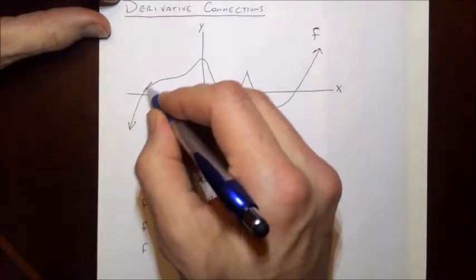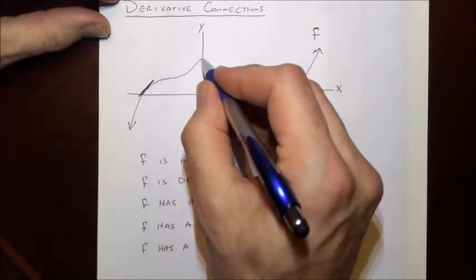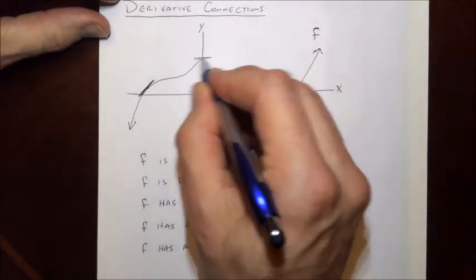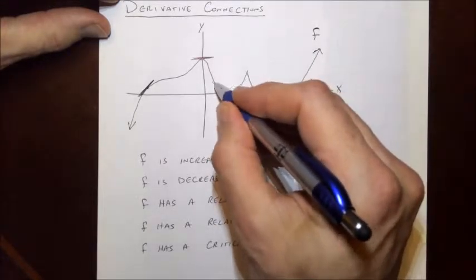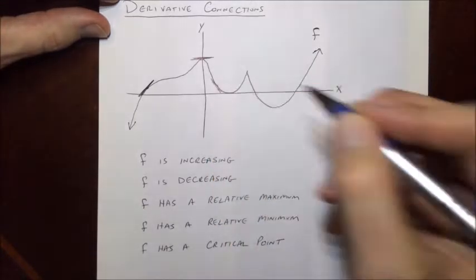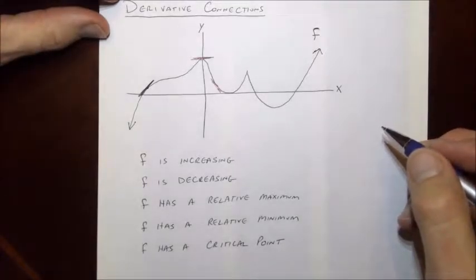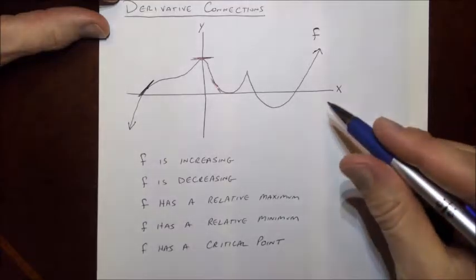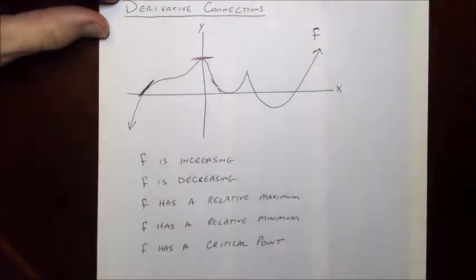So I'll draw a tangent line right there, and we can draw another tangent line right there, and another tangent line right here. So please pause the video and draw a whole bunch of tangent lines on your paper, and I will do the same.